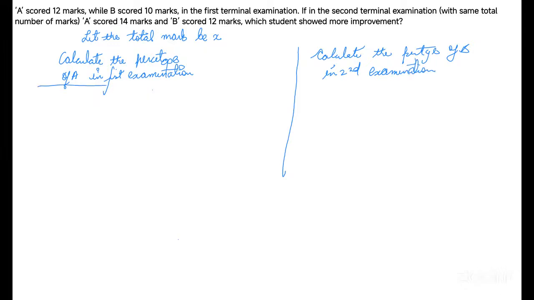Side by side, calculate the percentage of the second examination. So now he scored 12 marks. So 12 of X into 100. Yes or no? X is the total marks. If we don't know, 12 is the marks gained, into 100. It will become 1200 upon X.